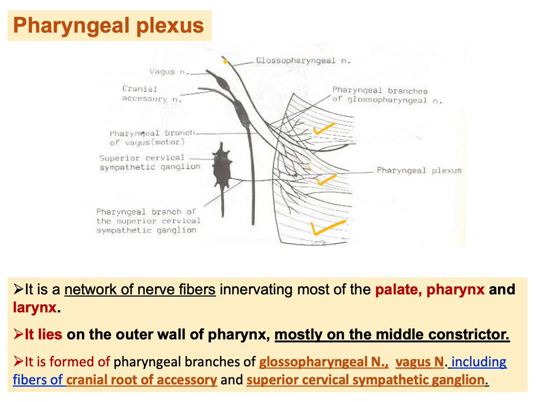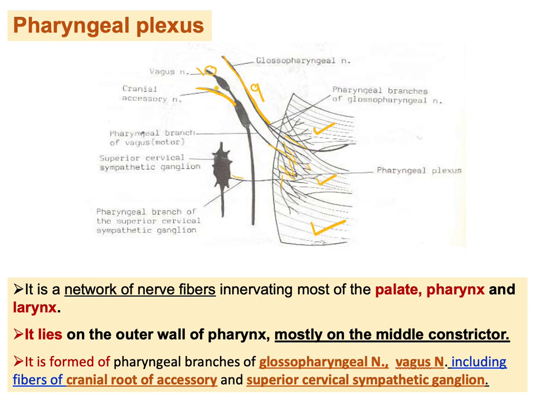It is formed by the glossopharyngeal nerve, cranial nerve number 9, vagus nerve number 10, and the cranial part of the accessory nerve number 11, and part from the sympathetic system passes to the plexus through the superior cervical sympathetic ganglion. They all create a kind of pharyngeal plexus.